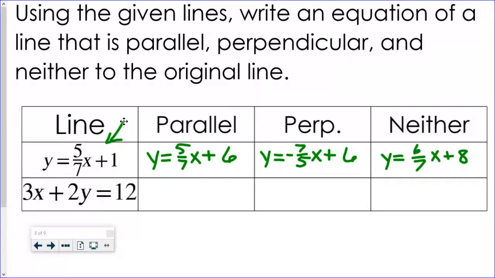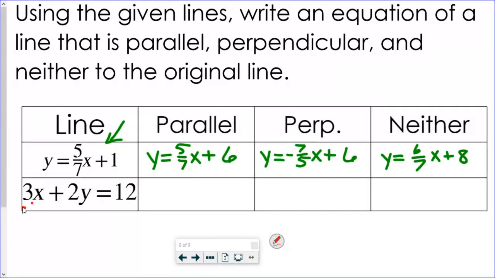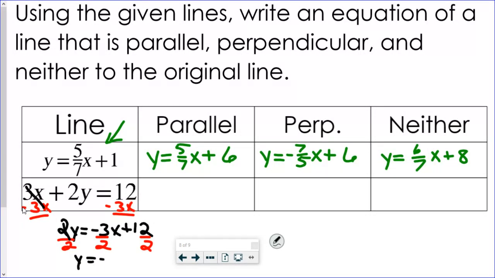Okay, the only difference here, now, this isn't in slope-intercept form. So first you've got to get it in slope-intercept form. Okay, so we have 2y equals -3x plus 12. And then I'm going to divide everything by 2. Now I see my slope is -3 over 2x plus 6.